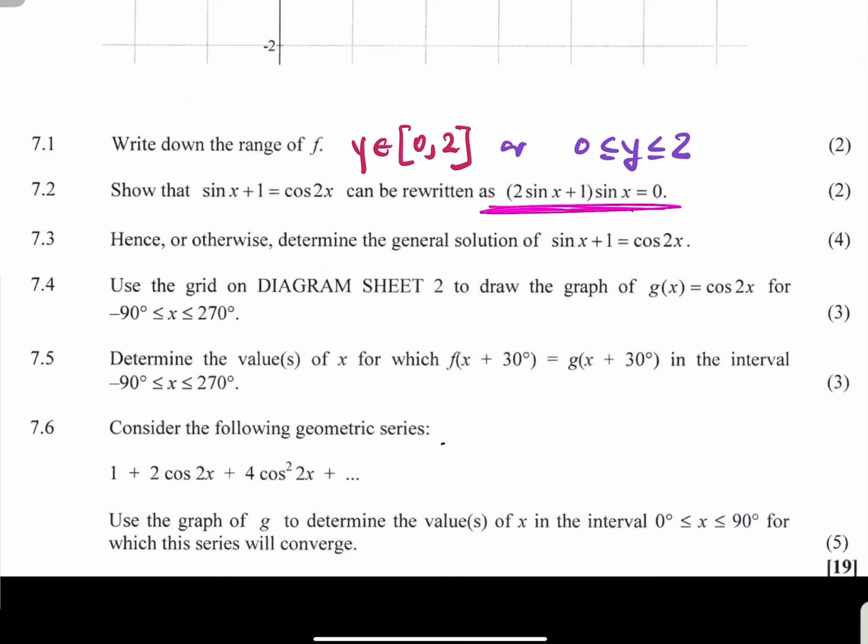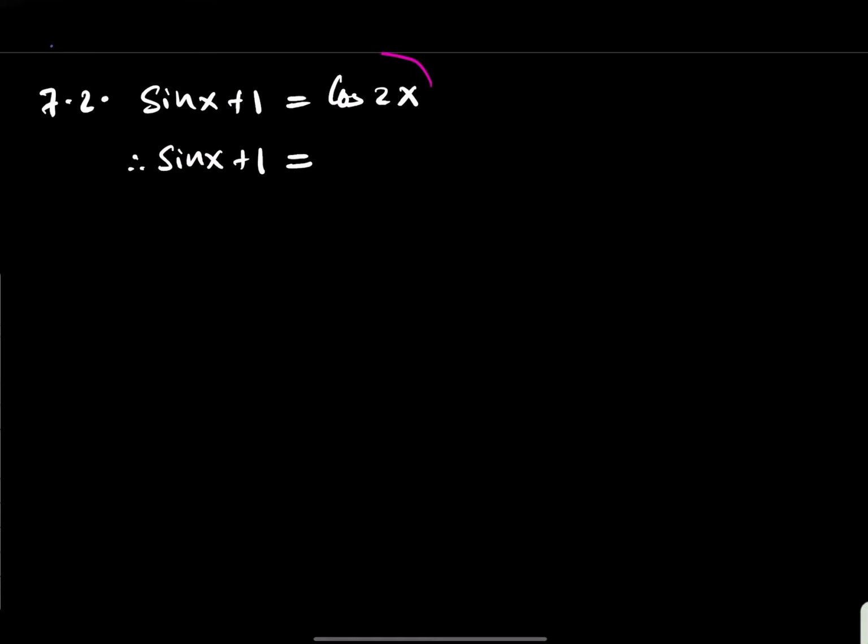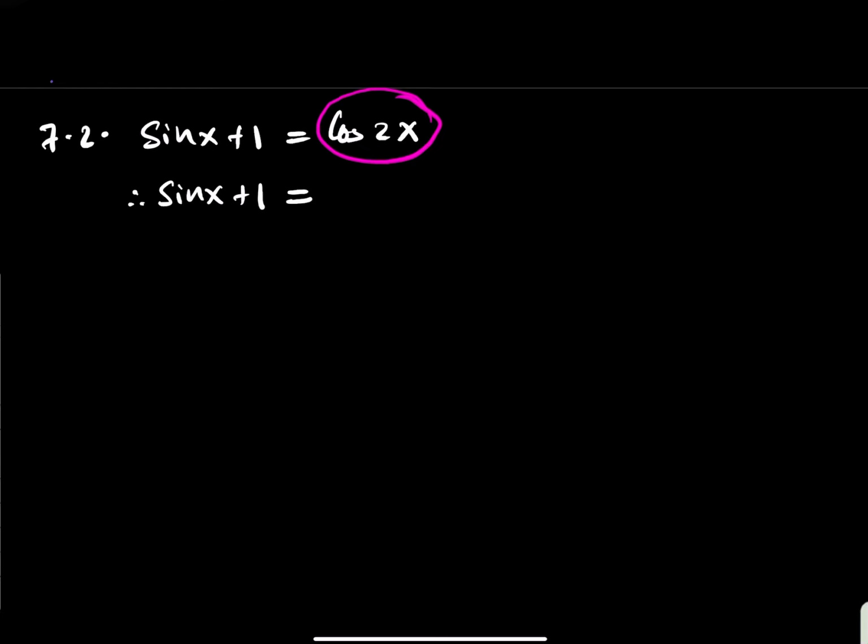All right, if you check that situation, each term is in terms of sine x. So that means if we see an identity, we need to change that to be in terms of sine. So we are going to say to ourselves, this is sine x plus 1, and that is equal to, if you observe this one, we call it a double angle of cosine, which has 3 branches.